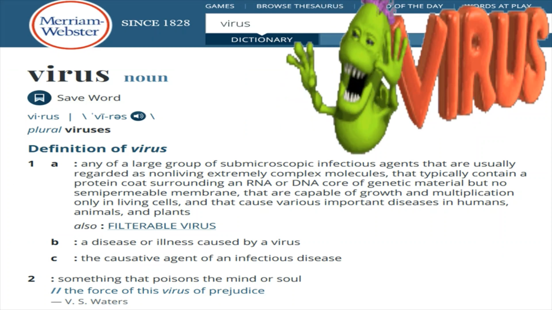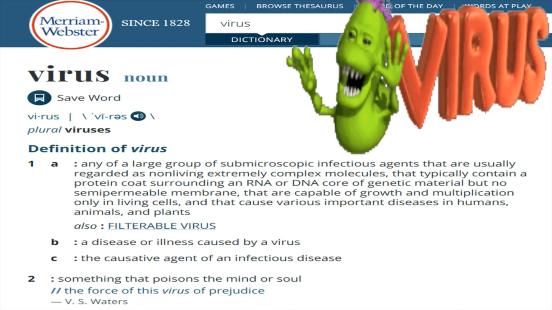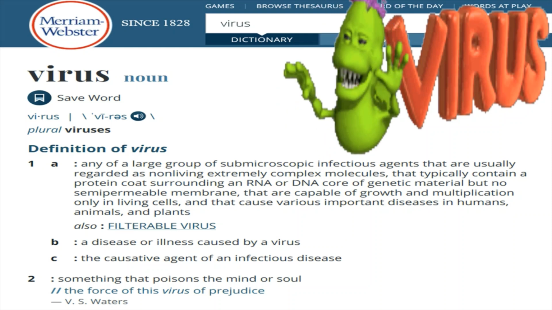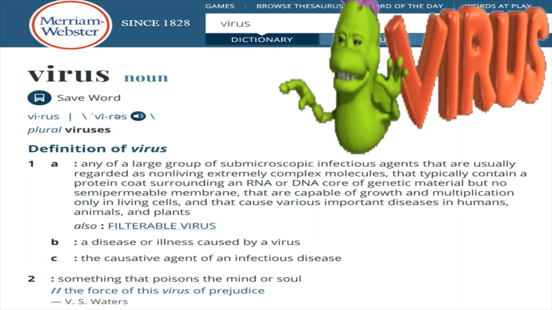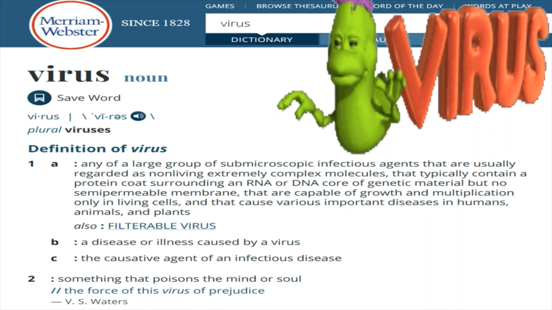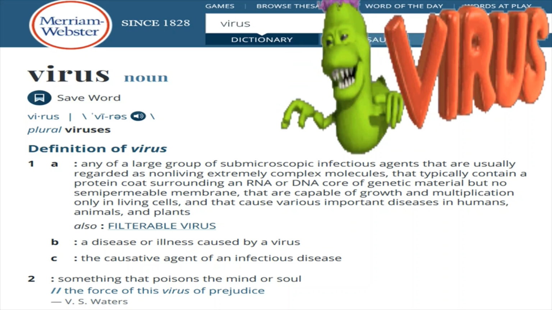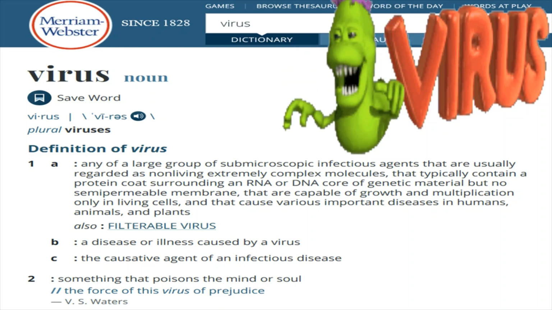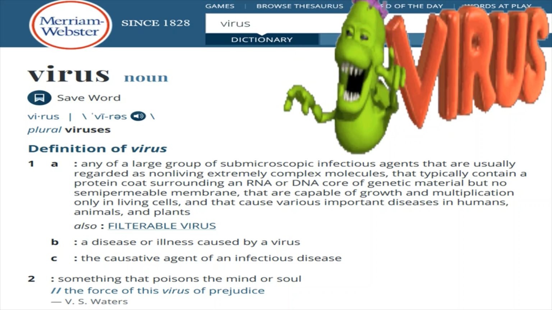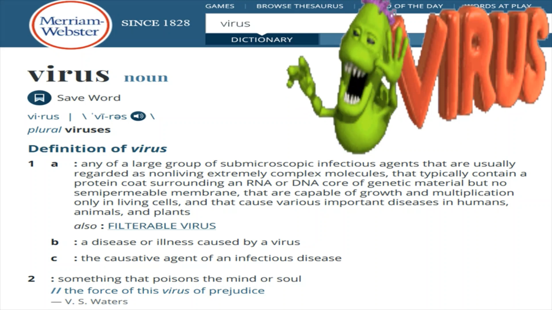Now let's look at the definition of a virus. Virus is a noun. 1A. Any of a large group of submicroscopic infectious agents that are usually regarded as non-living, extremely complex molecules that typically contain a protein coat surrounding an RNA or DNA core of genetic material but no membrane, that are capable of growth and multiplication only in living cells, and that cause various important diseases in humans, animals, and plants.